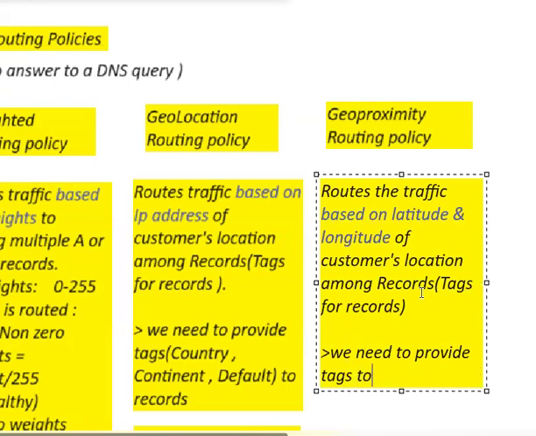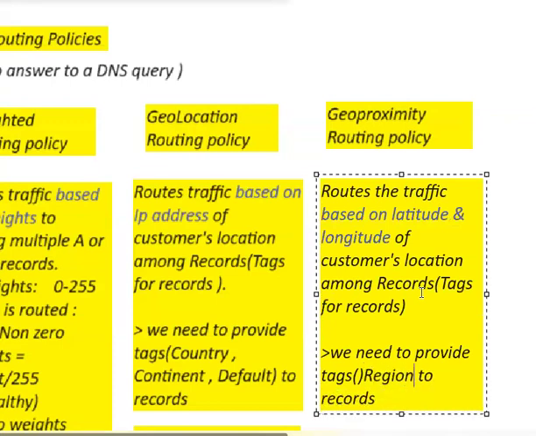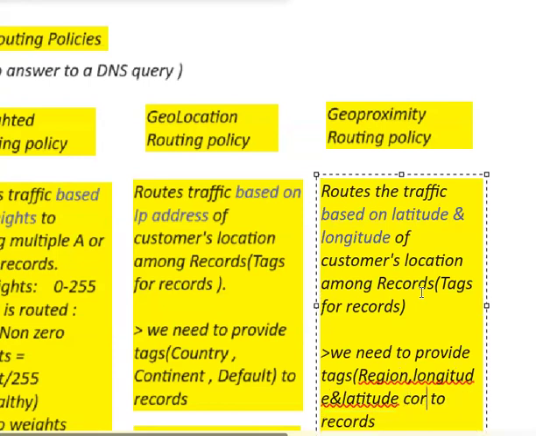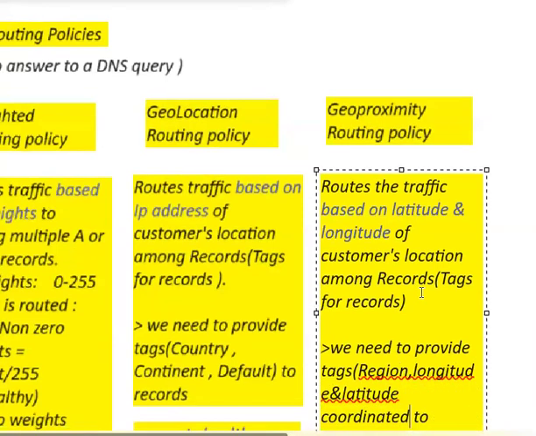What tags we need to provide to our records are the region tags, that is, in which region, or in which longitude and latitude coordinates, your record will be. Those coordinates you need to provide.